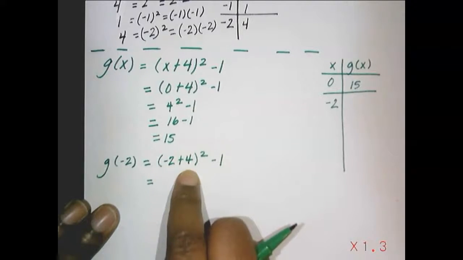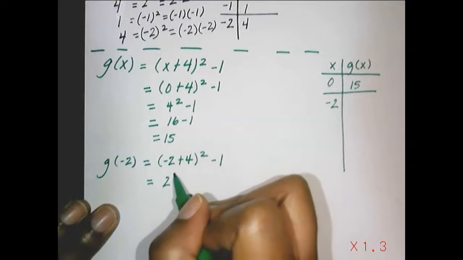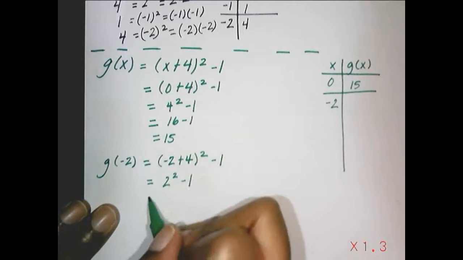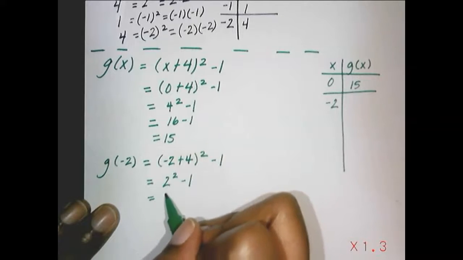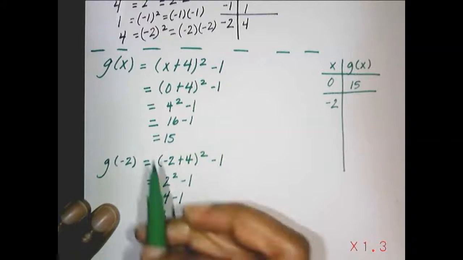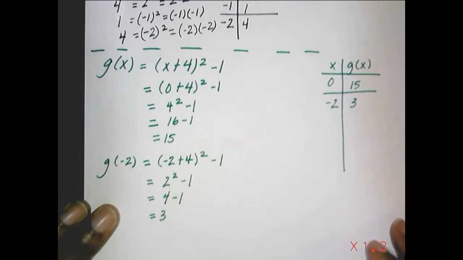Starting in the parentheses, negative 2 plus 4 is 2. We're going to square that and subtract 1. So we're going to get 2 squared is 2 times 2 is 4. 4 minus 1 is going to be 3. So g of negative 2 is a positive 3. Well, that will fit our graph.